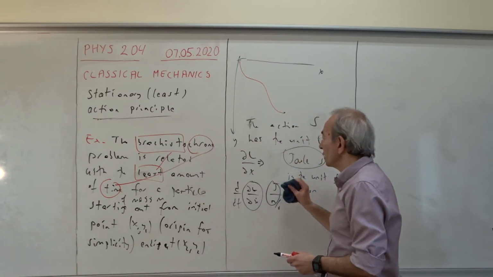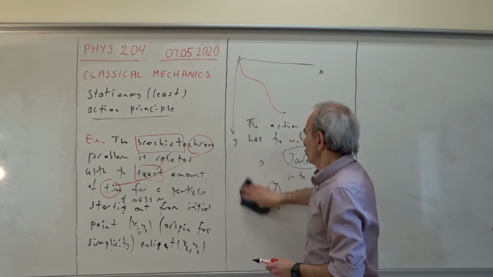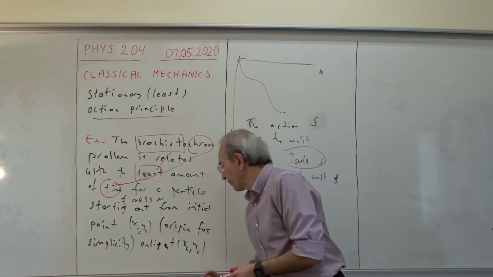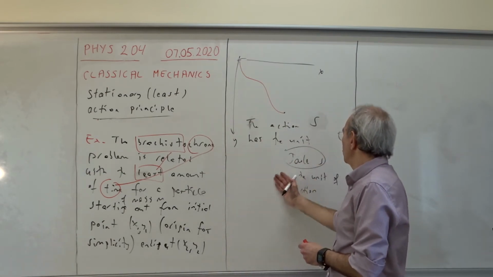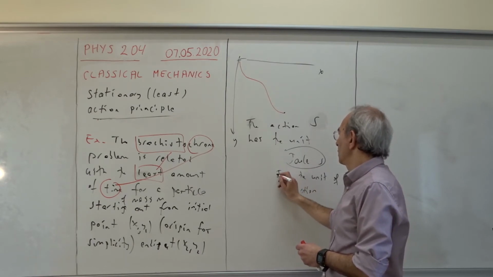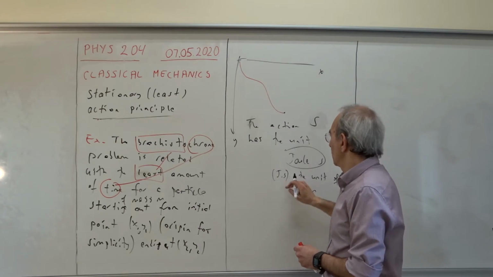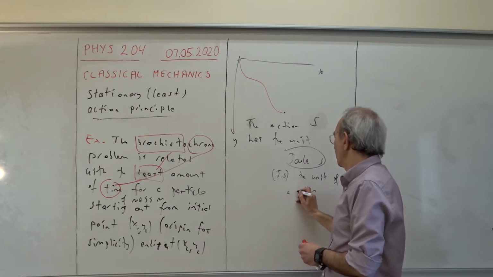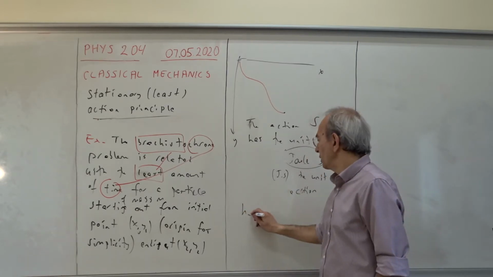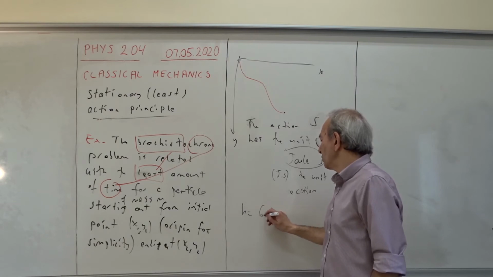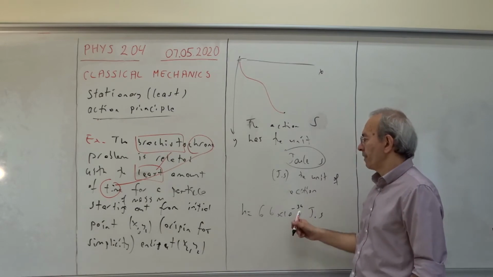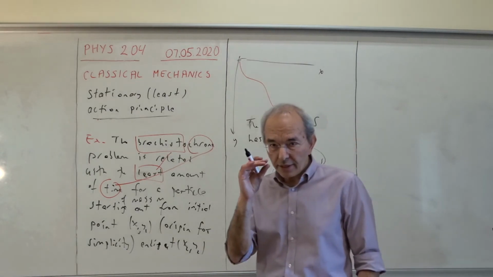Do we remember this joule second from somewhere else? Sure. What is that? Planck's constant h. Planck's constant h is 6.6 times 10 to the minus 34 joule second. It is also an action, but the amount is very little.